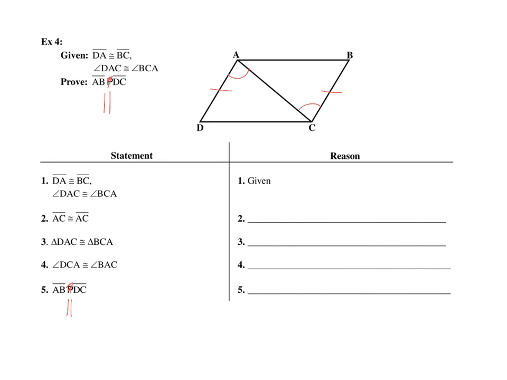Okay, so the first bits of information, the first statements are given. I have AC is congruent to AC. That's just by the reflexive property. Alright, and I have triangle DAC is congruent to triangle BCA by what shortcut? SAS.